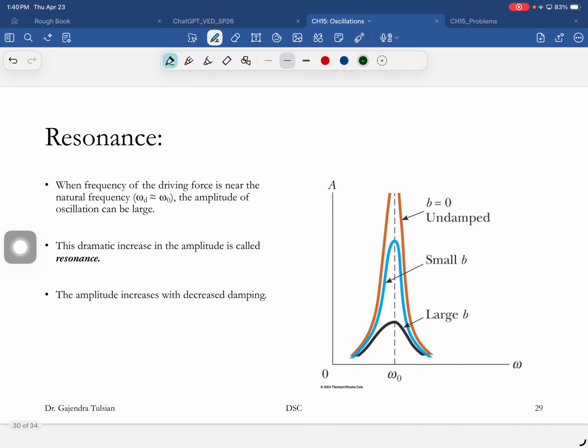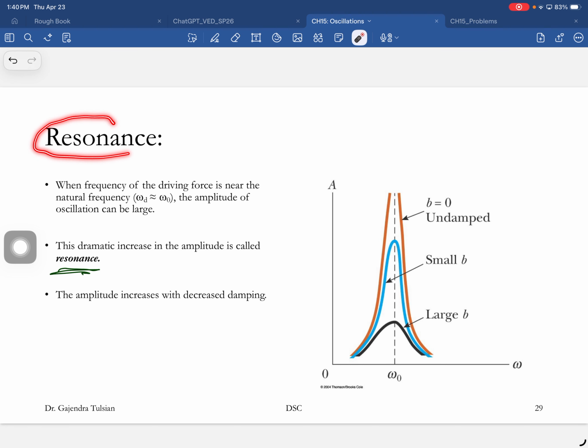Okay, so what does the word resonance mean? If an external force drives at a frequency that matches the natural frequency. So your driving frequency is matching the natural frequency. And then what happens? You can set up large amplitude oscillations. Why?